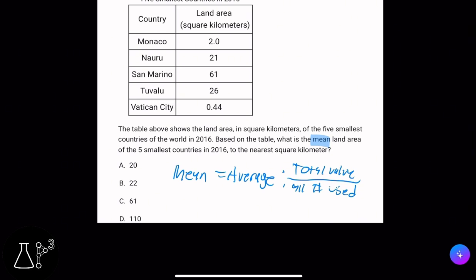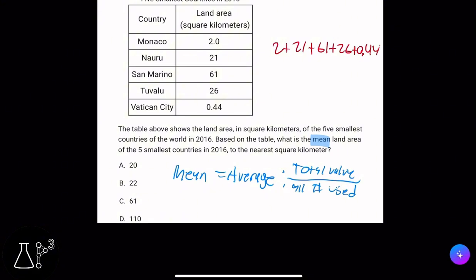So what I'm gonna do is 2 plus 21 plus 61 plus 26 and then plus 0.44, sorry. And if you plug that into a calculator, because doing it mentally kind of sucks, you're gonna get 110.44 divided by 5.